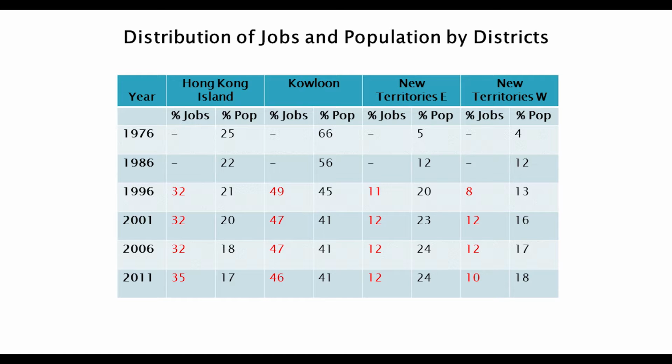But that's not the same with the population. If you look at the percentage of population, the urban population in 1976, add them up, 91%. But by 2011, urban population has decreased to 58%. So over 30 years, urban population in percentage terms has decreased by more than 30%.